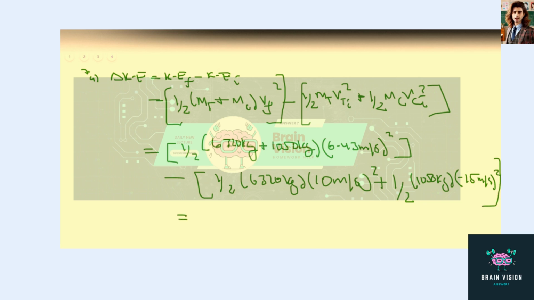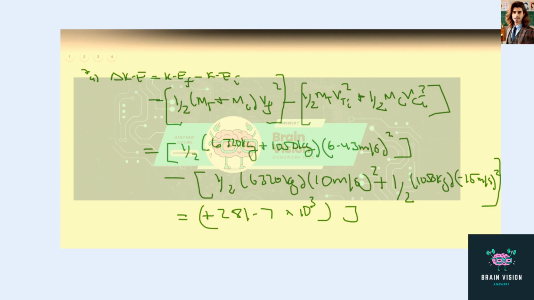And so the change in part A would be positive 281.7 times 10 to the 3 joules. That's the change in kinetic energy. They're asking us to find the change in kinetic energy of the system in both situations.